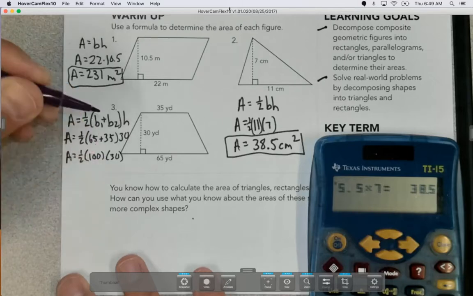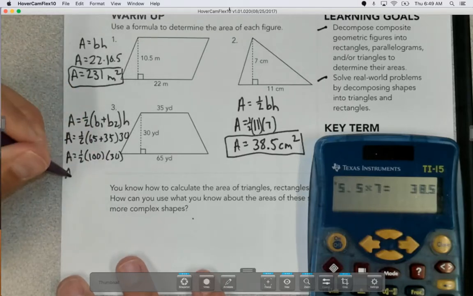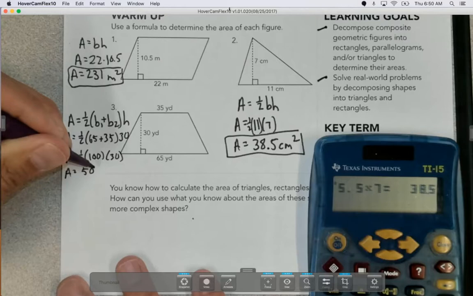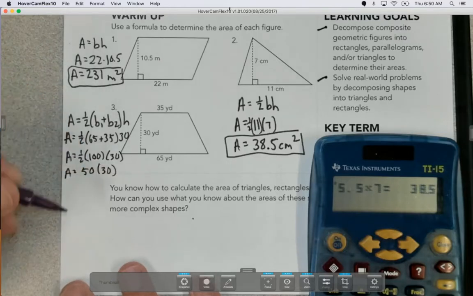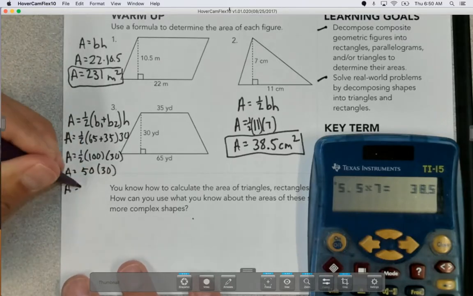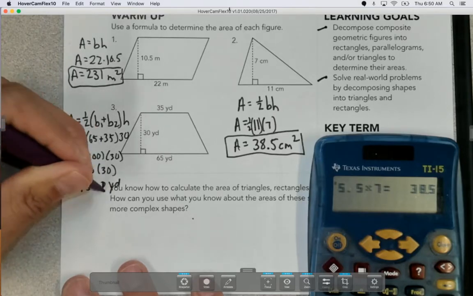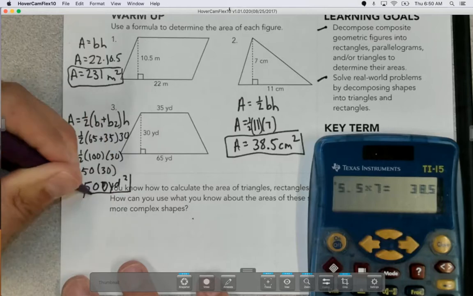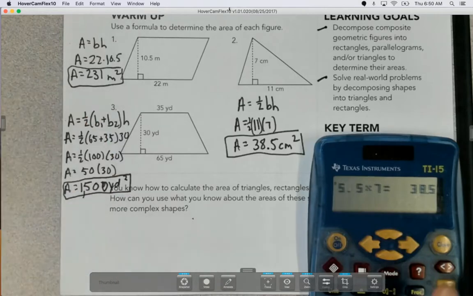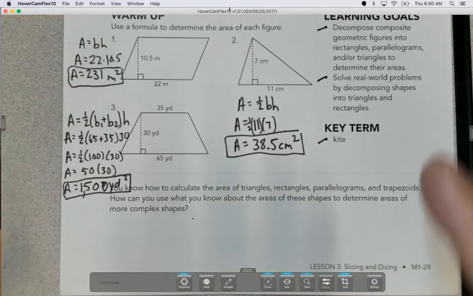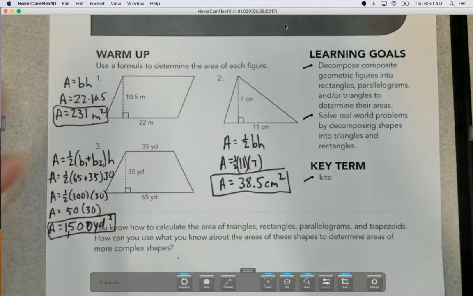I know half of 100 is 50, so 50 times 30 is going to be 1,500 yards squared. 1,500 yards squared is going to be the area of that trapezoid. Okay? And so this is decomposing figures for section 3.